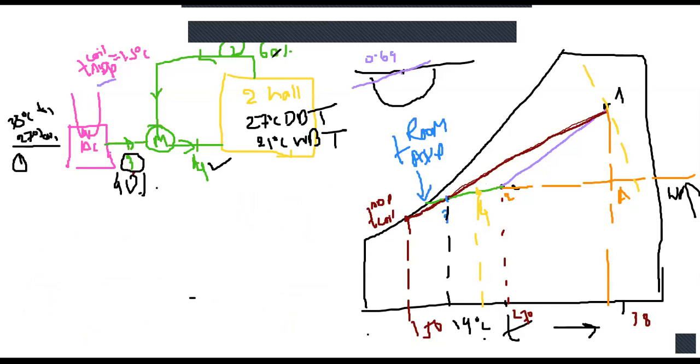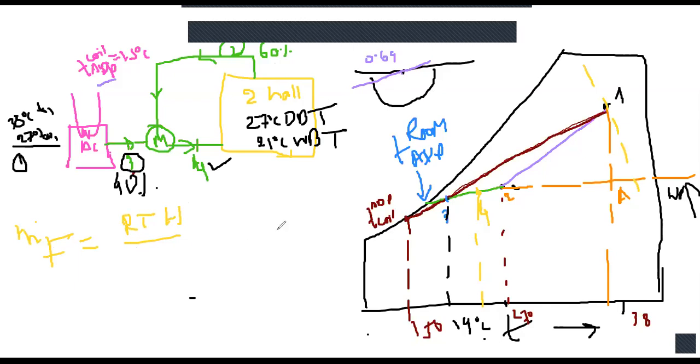Calculate the mass of fresh air entering the cooler. That means mass flow rate of fresh air is your total room load by enthalpy drop.